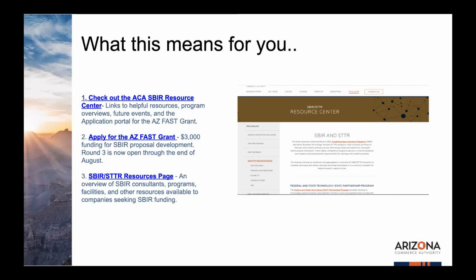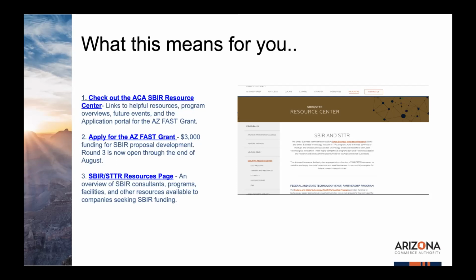We are offering $3,000 grants to companies looking to pursue SBIR funding, and those funds can be used, like I said, for a grant writer, incubator services, or to access university facilities. Basically, the goal of that grant is to fund those costs associated with getting that application ready for submission.